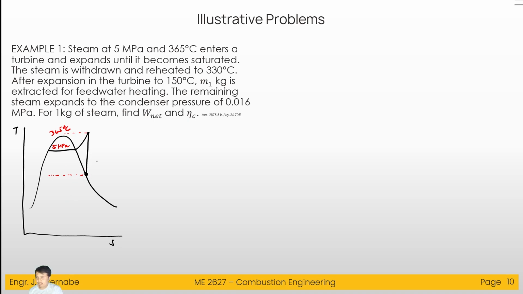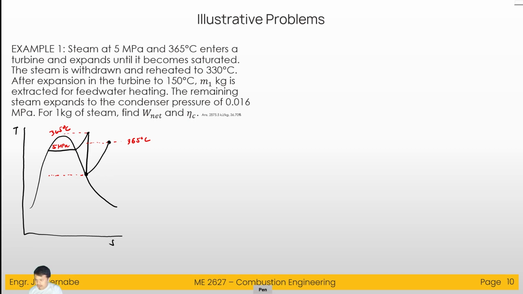And then after that, after expansion in the turbine, it is withdrawn and reheated at 330 degrees Celsius. So something like this, probably. So this point here is 365 degrees Celsius.